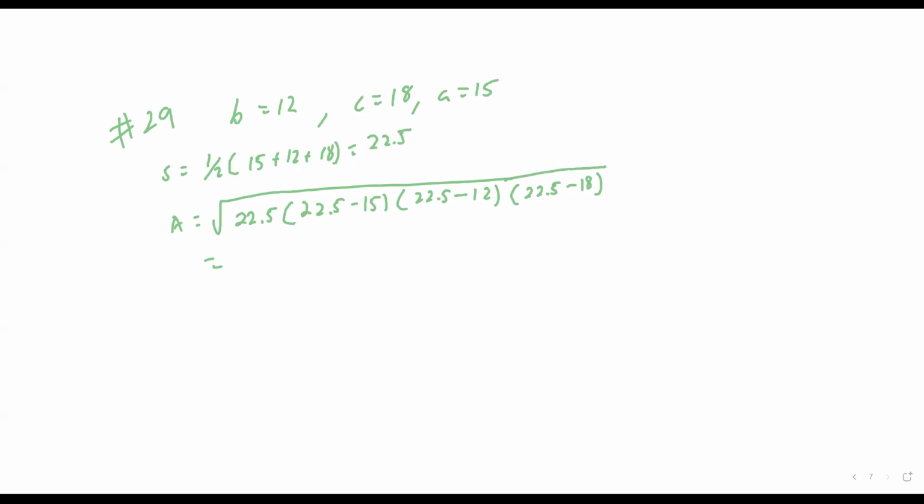So square root 22.5, parentheses 22.5 minus 15, close parentheses, open parentheses, 22.5 minus 12, close parentheses, open parentheses, 22.5 minus 18. And then I get the area of 89.2941. And that's all you have to do. So area is pretty straightforward. This has two little formula steps you have to do.